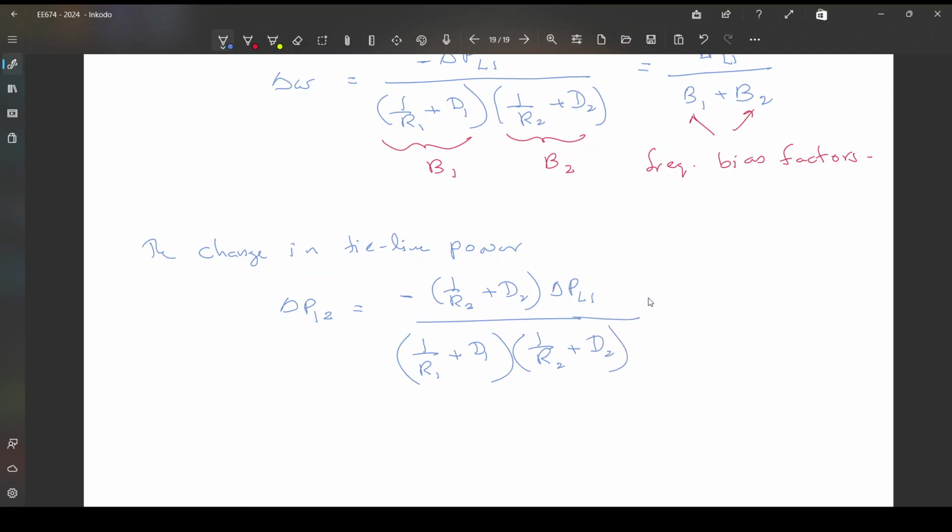Right, so you can derive these easily from the block diagrams and the equations that we have discussed. So this is actually equal to B2 over B1 plus B2 times the minus delta PL1, right?